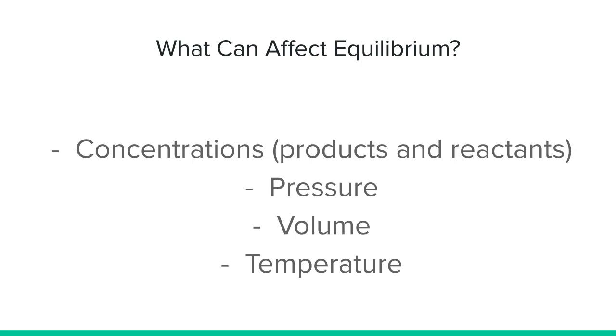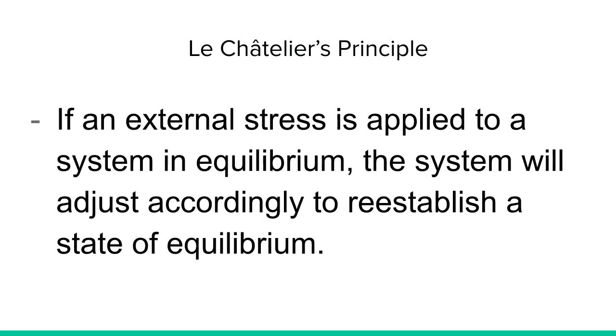The other three, concentration, pressure, and volume, can make shifts temporarily in the equilibrium, but it will shift around in order to reestablish the same Kc or Kp, provided the temperature is constant.